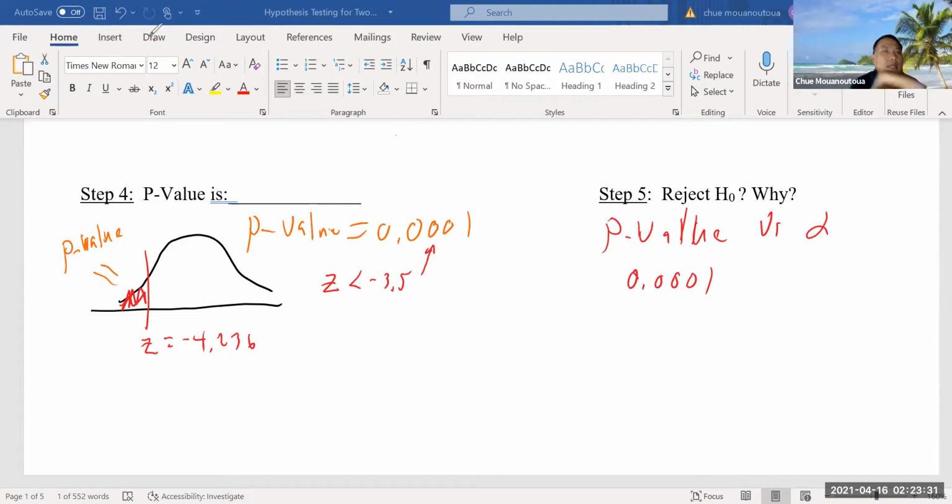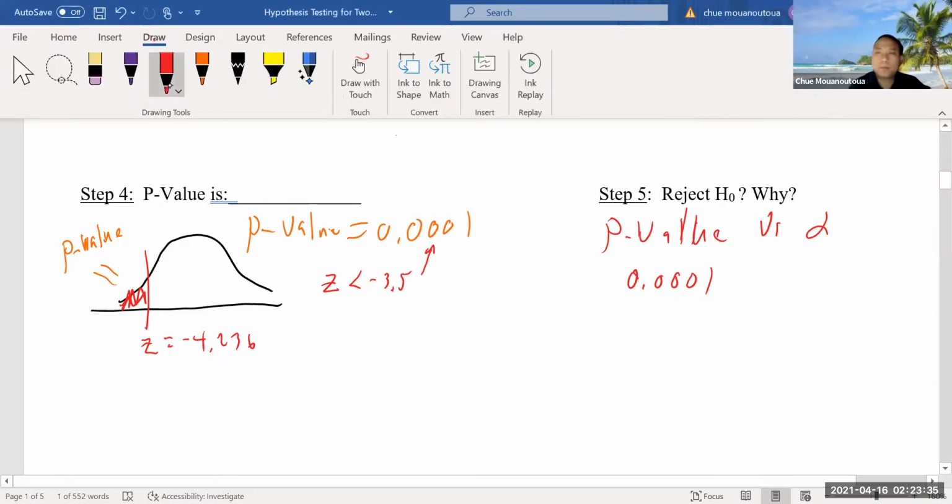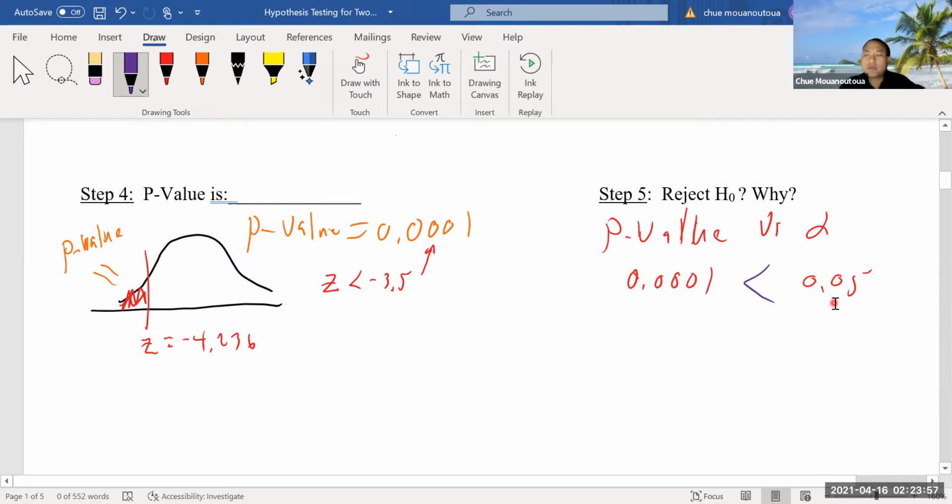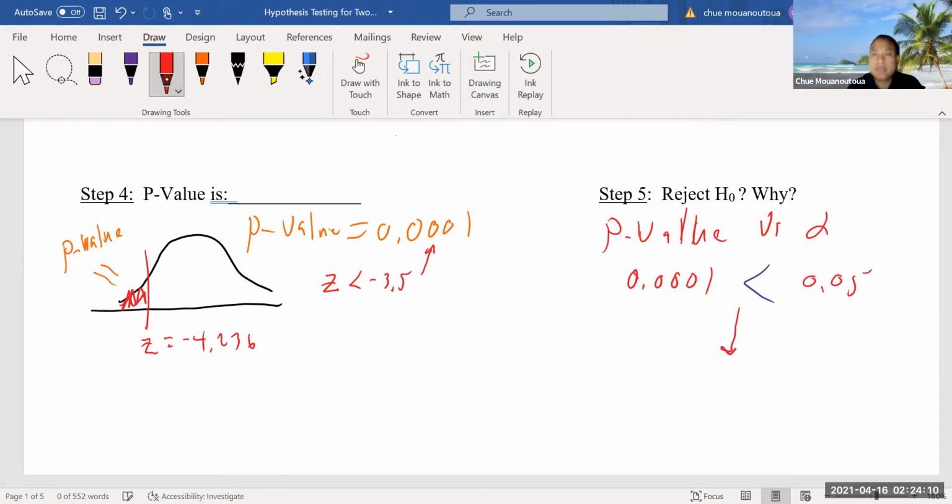You can see that the p-value is way smaller, much smaller than alpha. So since the p-value is less than alpha, we're gonna reject H0.